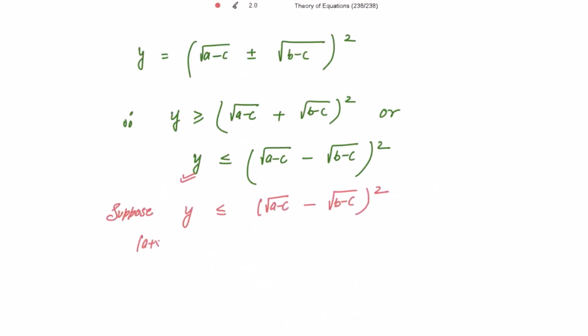So (a + x)(b + x)/(c + x) ≤ (√(a − c) − √(b − c))².